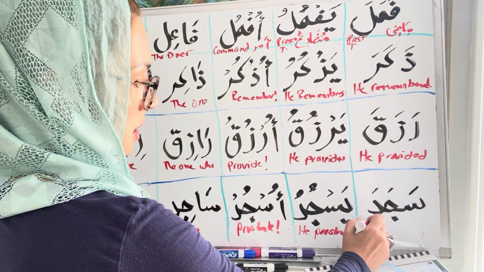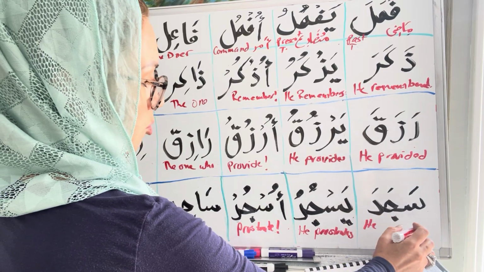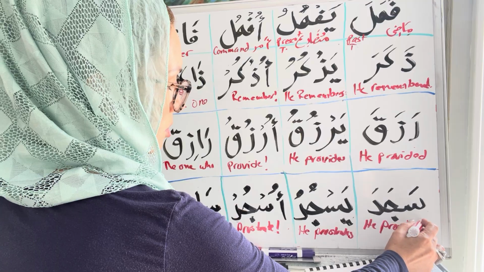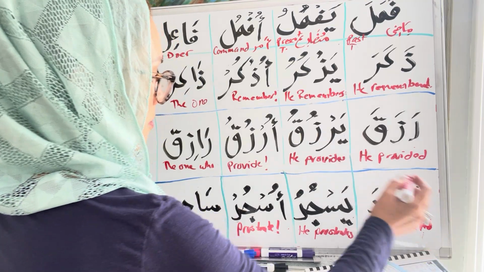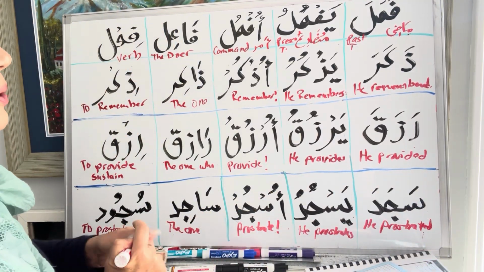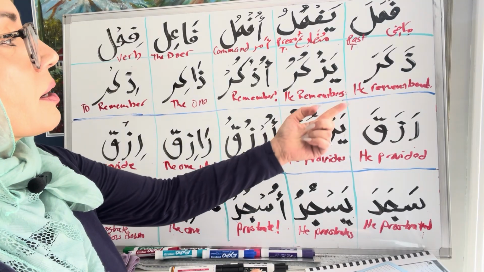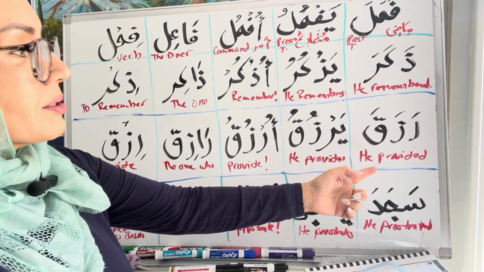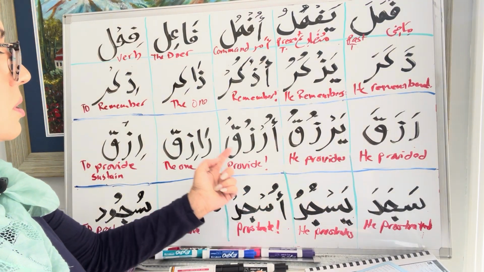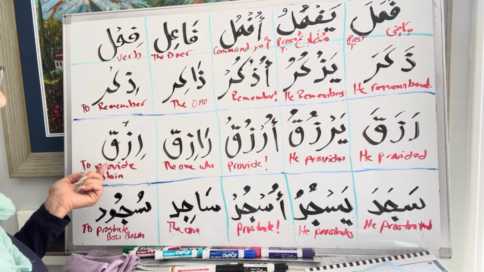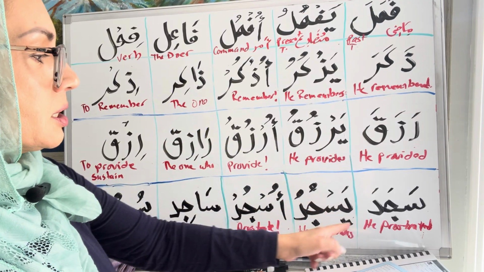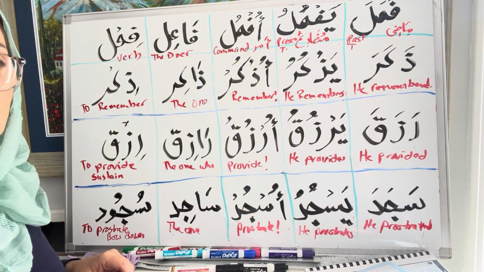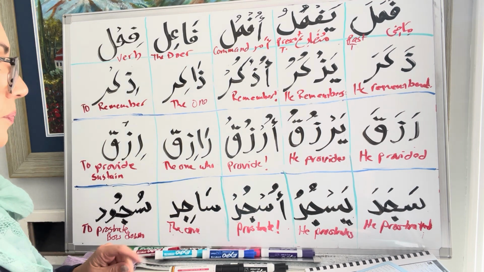And then sajada, the past tense, is he prostrated. All right, so let's quickly read, inshallah. ذكر يذكر أذكر ذاكر, and then ذكر. رزق يرزق أرزق رازق رزق. سجد يسجد أسجد ساجد, and then sujud.